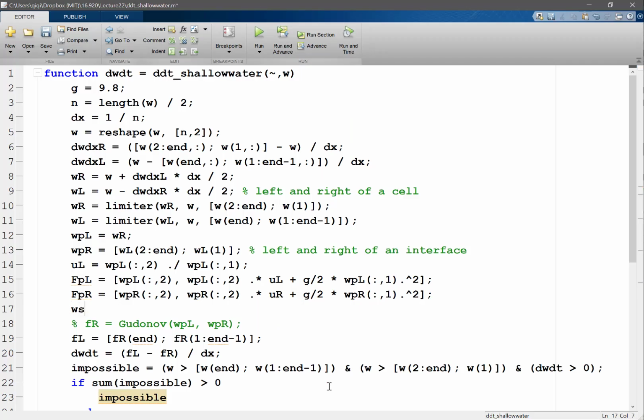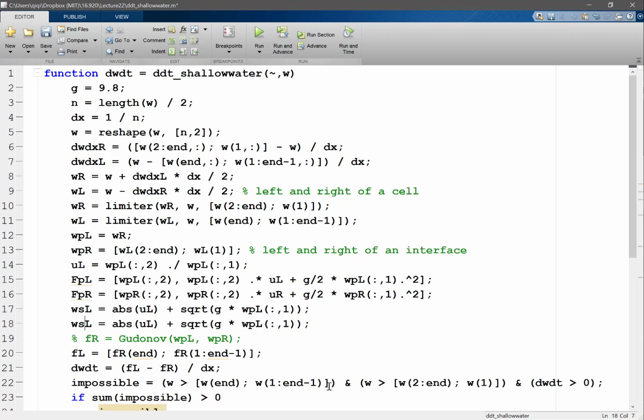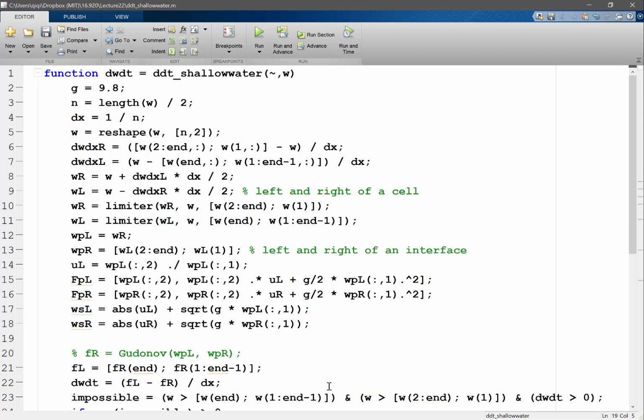So my wave speed left is going to be the absolute value of u left plus square root of g times my left state taking the first value, which is h. Okay, my right is the same, and we can just take the wave speed to be the maximum of wave speed left and wave speed right. So this is to make sure we have sufficient numerical dissipation.